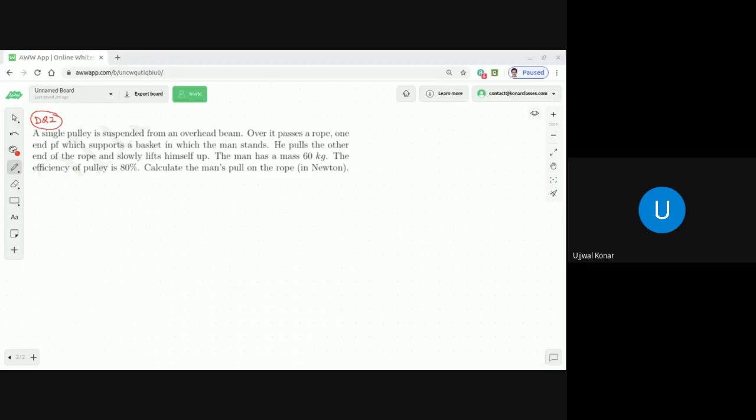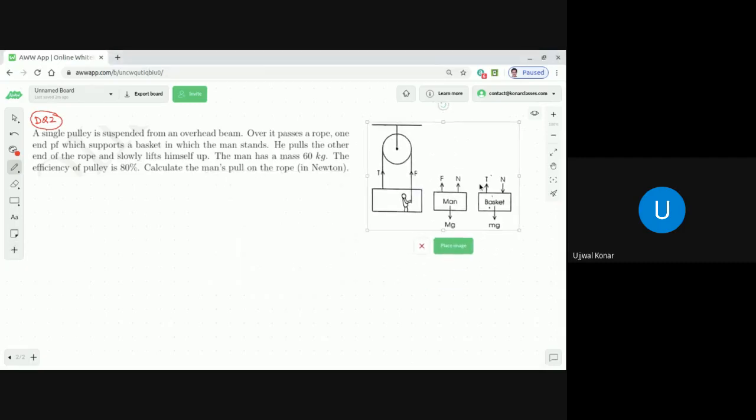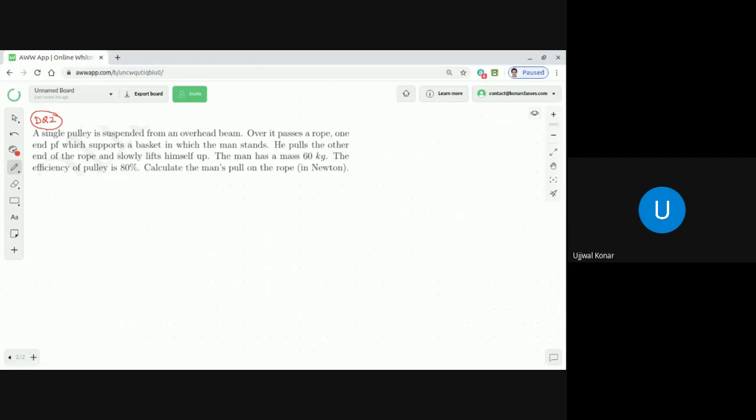Okay, so let me start discussion. If you look into it, let the mass of the man be m and the basket be small m. Correct? Okay. So if I draw the diagram, it should be something like this. Let me draw the diagram first. First you look into it, that represents the problem.